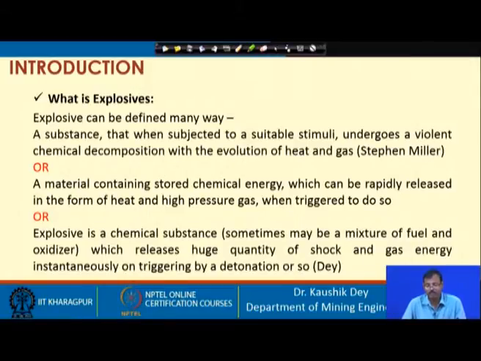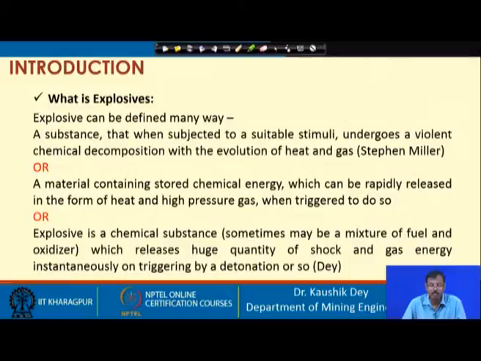So, basically Stephen Miller is trying to tell you that a chemical substance, the moment you give a stimulus, the stimulus may be heat, shock, or flame, whichever it is, it can violently decompose, and this decomposition must be exothermic so that it will produce heat.